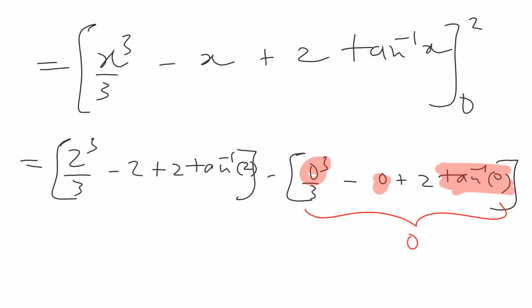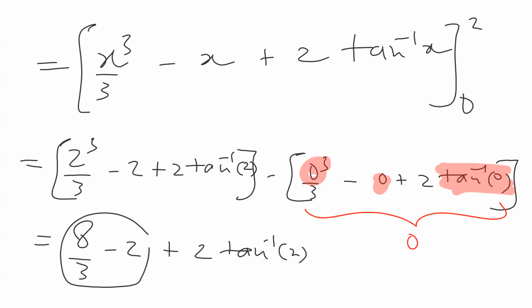So this will be 8 upon 3 minus 2 plus 2 tan inverse 2. 8 upon 3 minus 2 will be 8 minus 6 upon 3, that will be 2 by 3, plus 2 tan inverse 2.